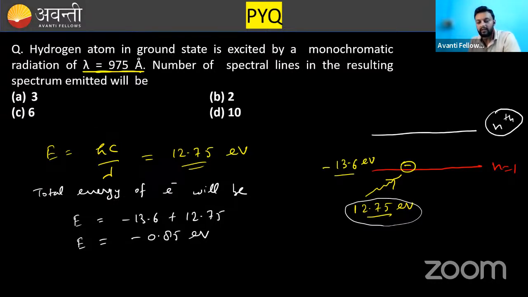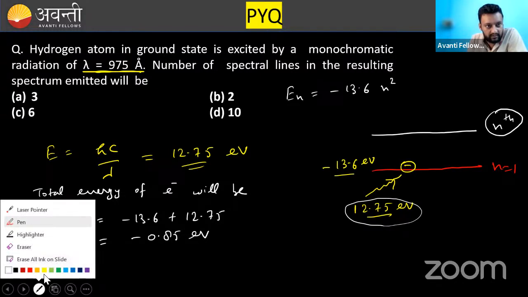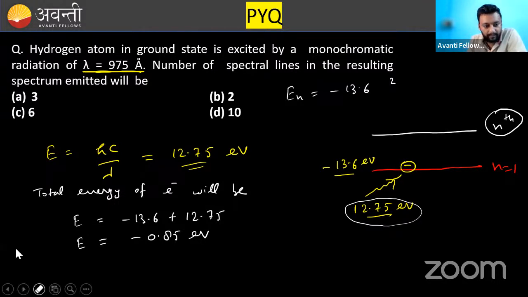Now, in nth orbit, its energy is given as minus 13.6 Z square by n square. This is the energy in the nth orbit we have studied in the energy formula.